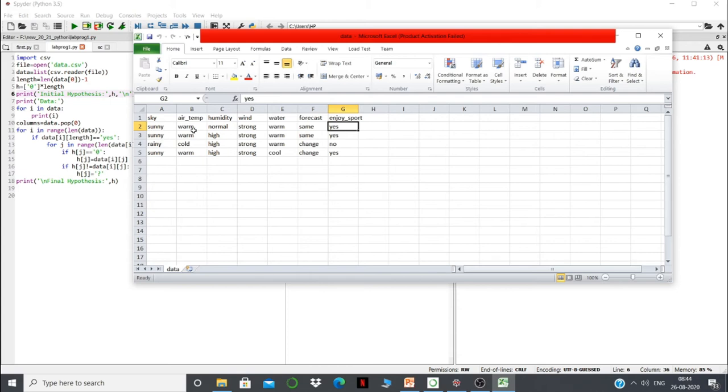So let us look at the first training example, also called an instance. When you look at the first instance, it is yes. Yes is positive. So the attributes of this training example will be compared with the most specific hypothesis which was generated at the very first step of the Find-S algorithm.